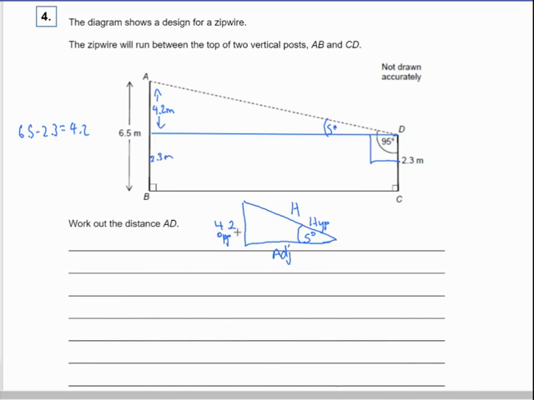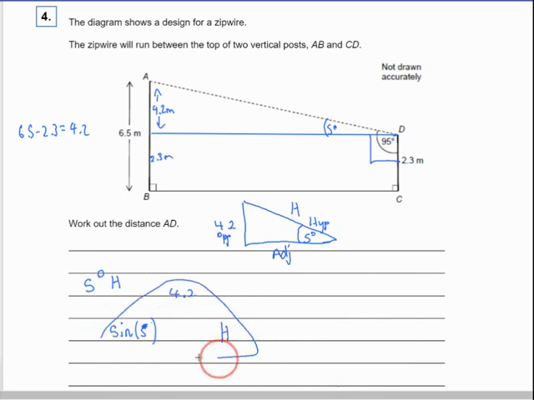I've got opposite and hypotenuse, so I'm using sine. The S stands for sine of 5 degrees. The O at the top is my opposite, which is 4.2, and then I've got my hypotenuse down here.